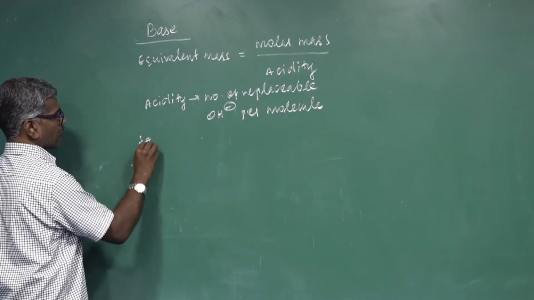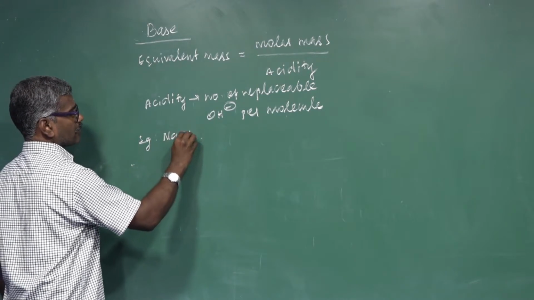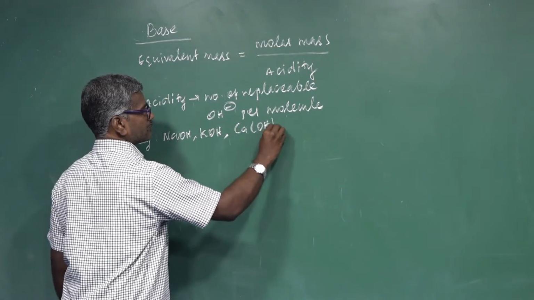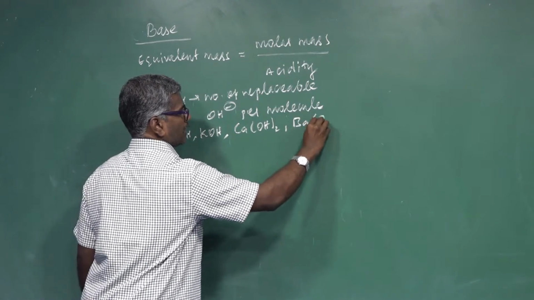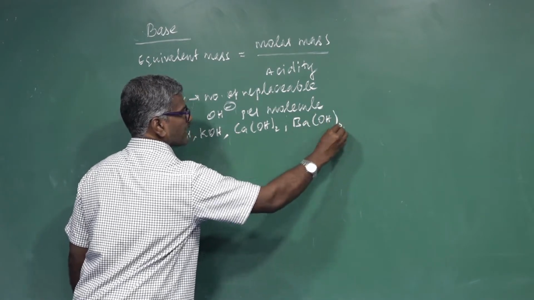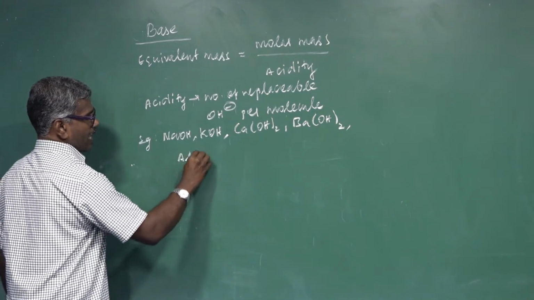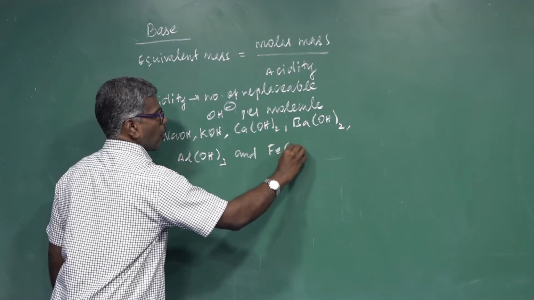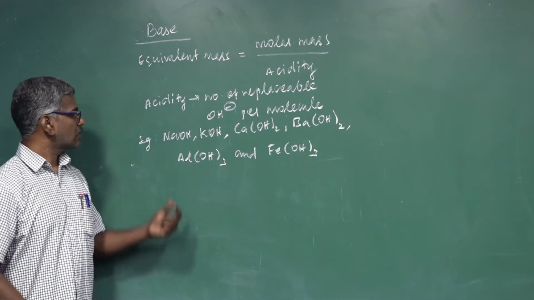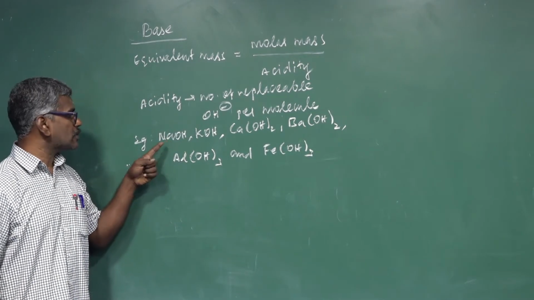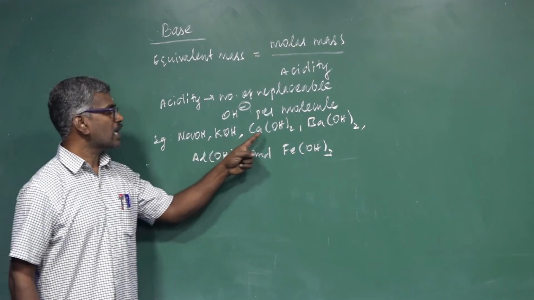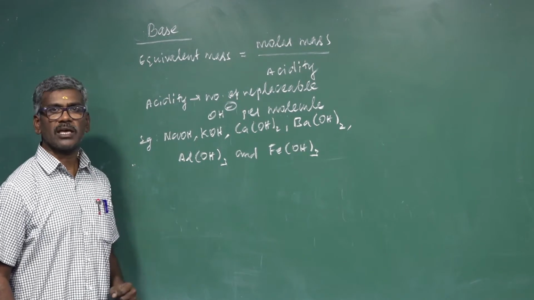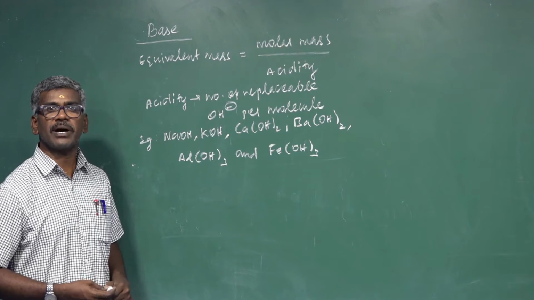For example, NaOH, KOH, Ca(OH)2, barium hydroxide Ba(OH)2, Al(OH)3 and Fe(OH)3. Here the number of replaceable OH groups gives the n factor: 1 for the first two, 2 for the next two, and 3 for the last two. By using this concept, we find the gram equivalent mass of the base.